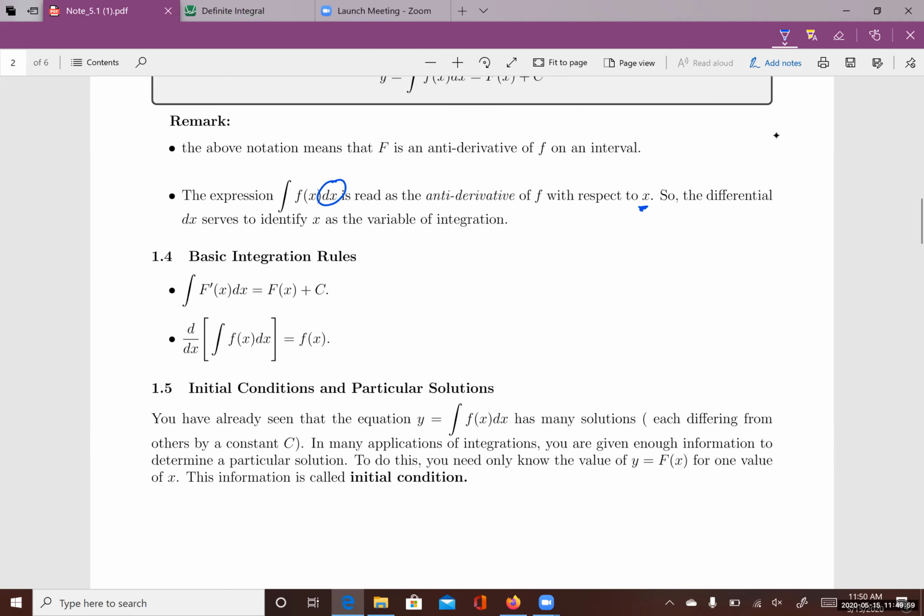Then if you take the derivative of an antiderivative, you get f of x out. So the antiderivative and the derivative work similarly to inverse functions. If you take the inverse of a function, you get an x out. Similarly, if you integrate a derivative, you get the original function out.